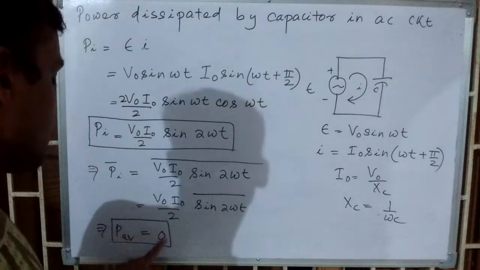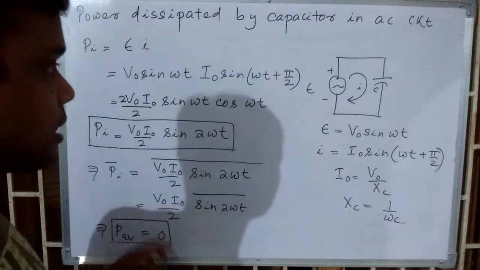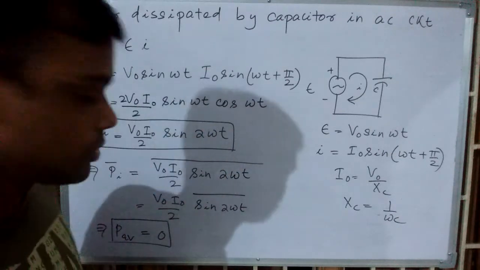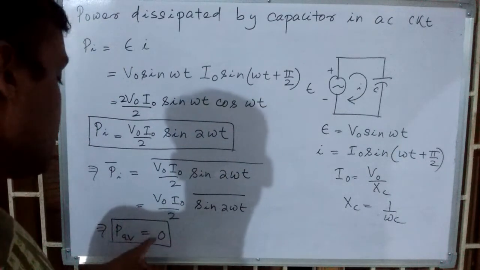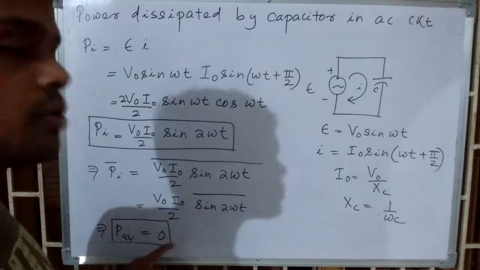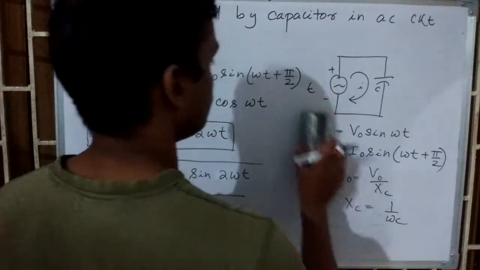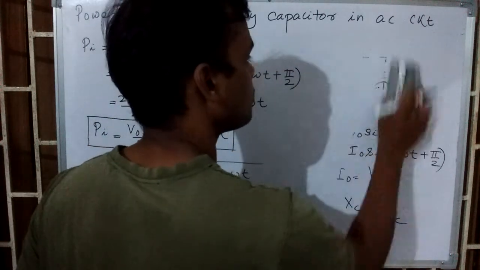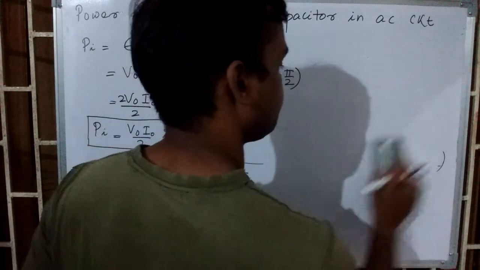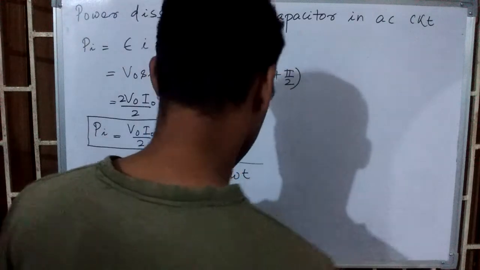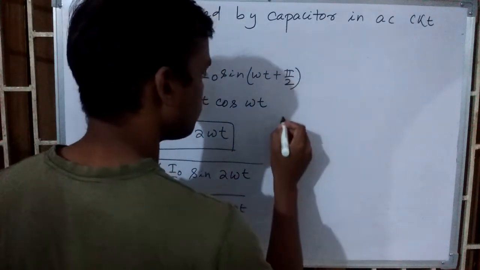In this case also the same thing is happening. That's why we have to go for the waveform to understand clearly how average power becomes zero over a complete cycle. So let us go for the waveform.